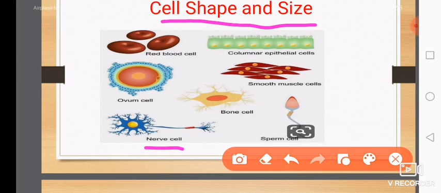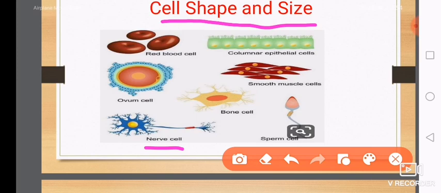While other cells like ovum, bone cell, smooth muscle cell, red blood cell, sperm cell, epithelial cell, all these cells have different functions and accordingly they have different shapes. So we can say that in multicellular organism, the shape and size of the different cells is according to their function.